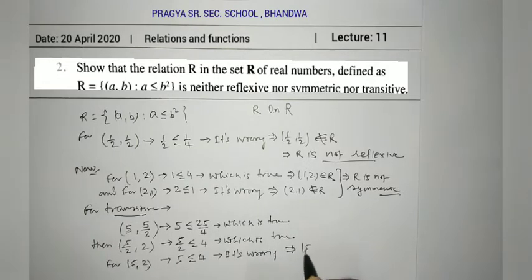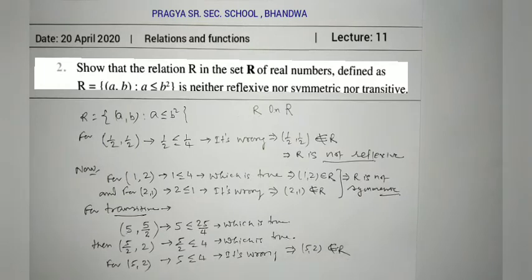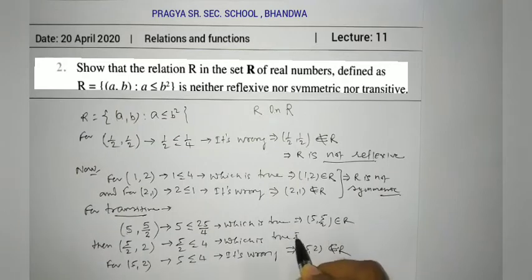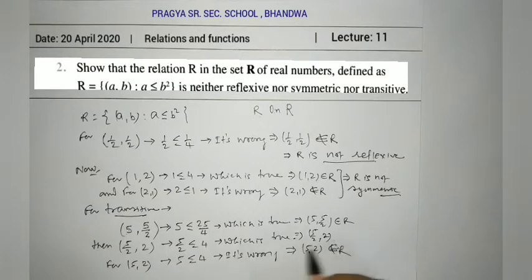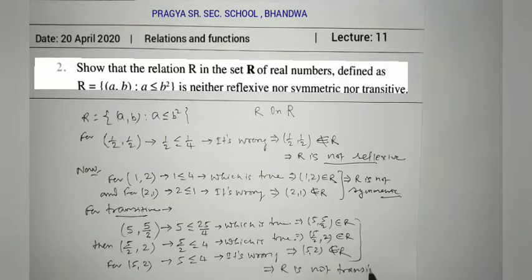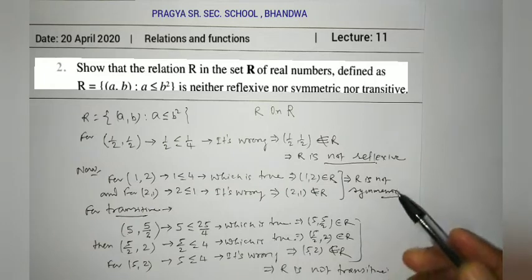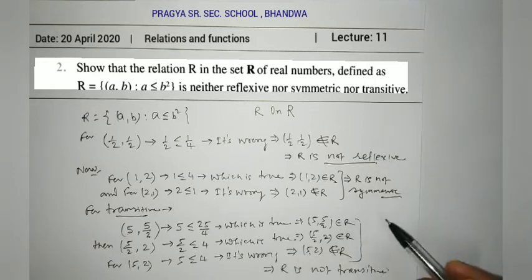This implies (5, 2) does not belong to R. In these two, (5, 5 by 2) belongs to R and (5 by 2, 2) also belongs to R, but the first and last do not belong to R, so R is not transitive. In this way we have proved that R is not reflexive, not symmetric, not transitive. Finally, R is neither reflexive nor symmetric nor transitive.